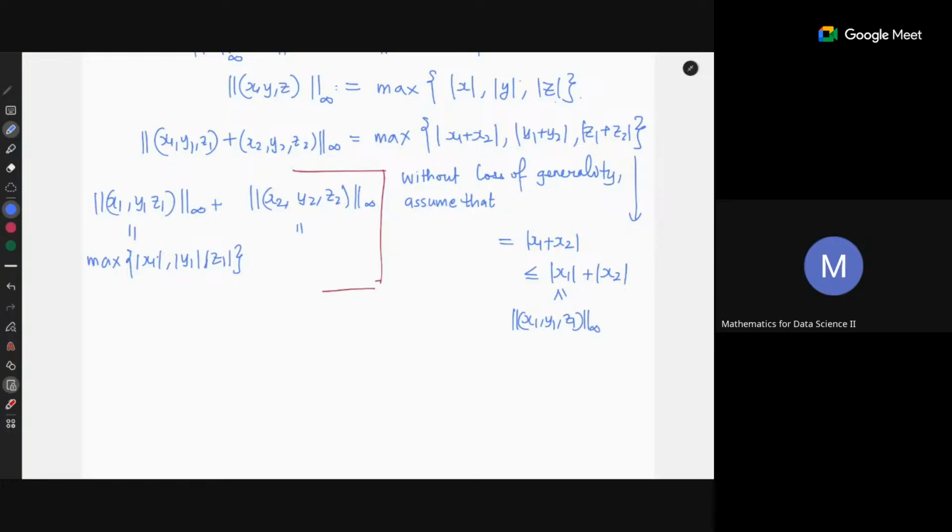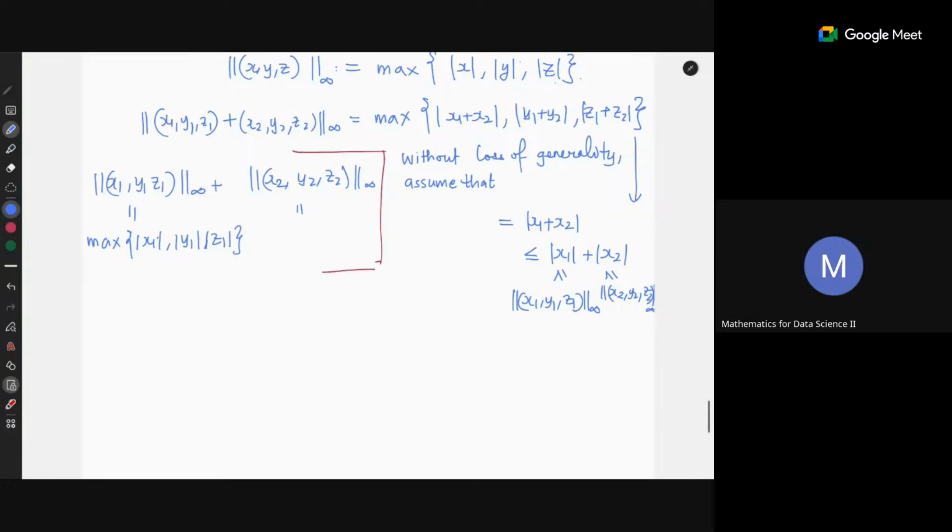The second quantity will also be smaller than or equal to the maximum of x2, y2, z2. So in other words, what we have proven is the first thing, which is the norm of v plus w is smaller than or equal to the norm of v plus the norm of w.